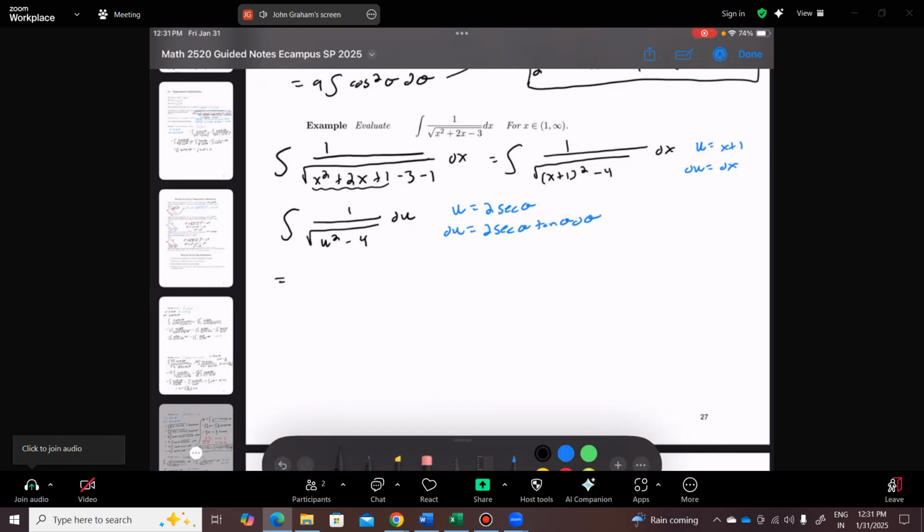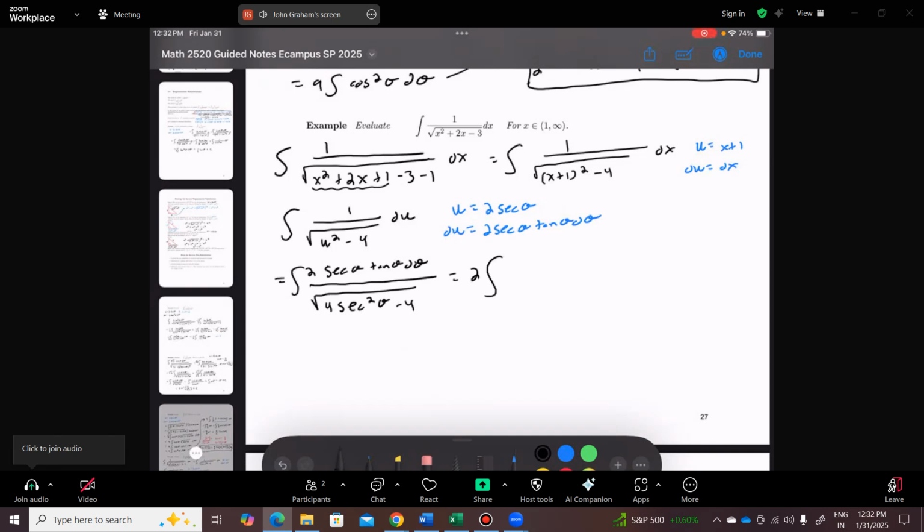So now this becomes integral of 2 secant theta tangent theta d theta over square root of 4 secant squared theta, that's your u squared, minus 4. So I'm bringing 2 on the outside.